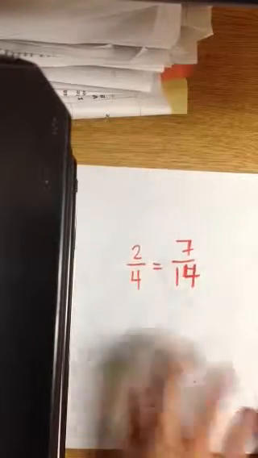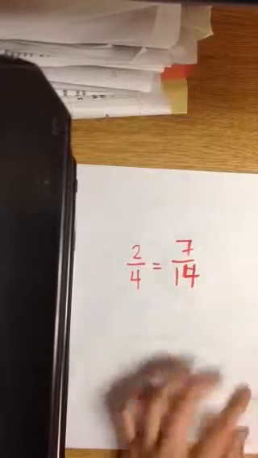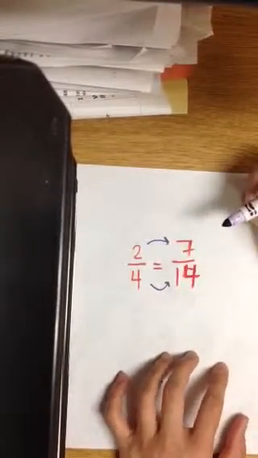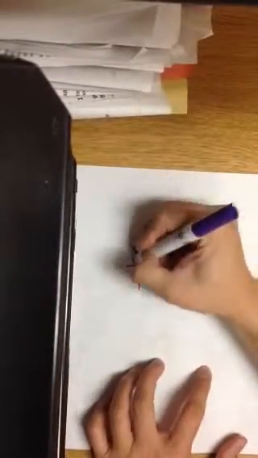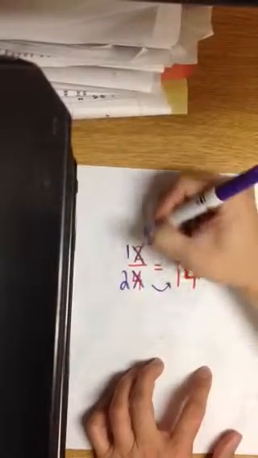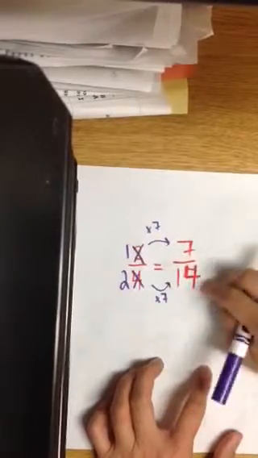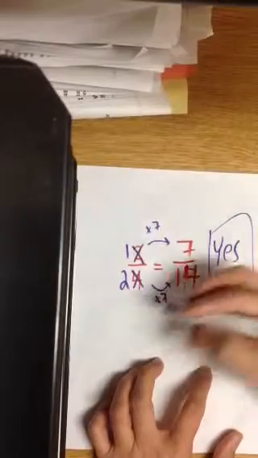How many 2's go in 7? What is the scale factor? Nope. Oh, wait, 2/4. Can't that be simplified? Isn't 2/4 the same thing as 1/2? Now, what is the scale factor? Times 7. 1 times 7 is 7. 2 times 7 is 14. Are they equivalent? Yes. You multiply by the scale factor of 7.